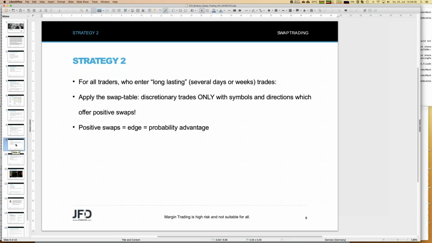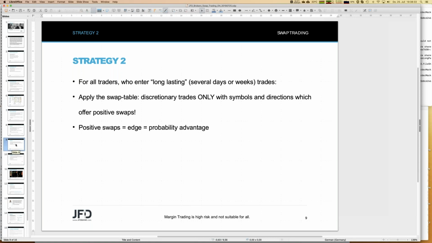But on the other hand, with swap profits, if you just investigate a chart and look around, and think, I have to look for a short trade in euro US dollar. A long trade is, so to say, forbidden, because in euro US dollar, short trades are profitable for swaps. Why not just look for that within the euro US dollar chart?